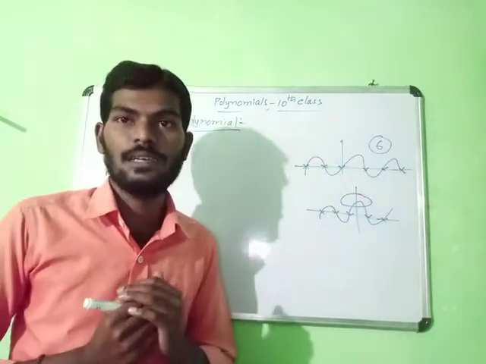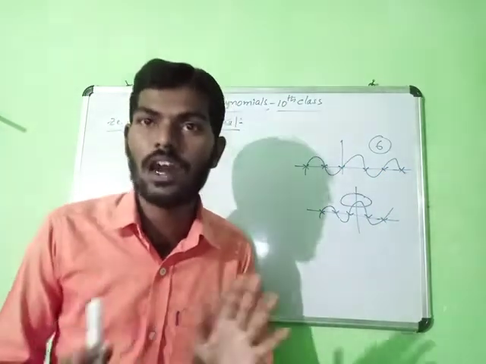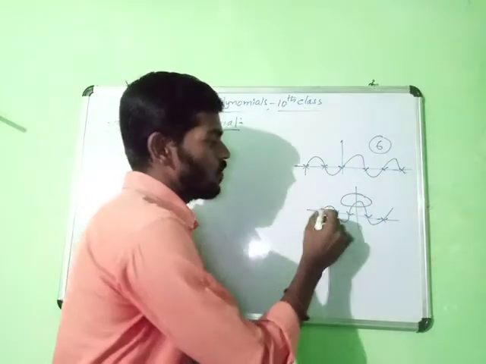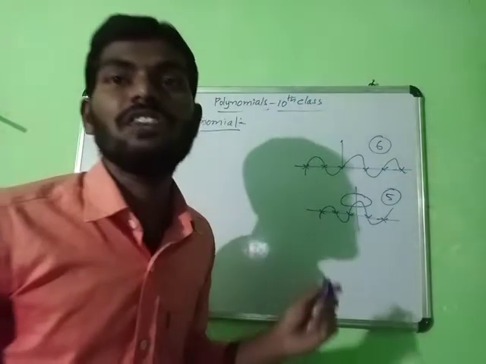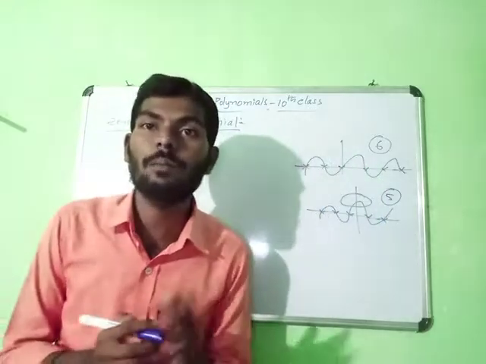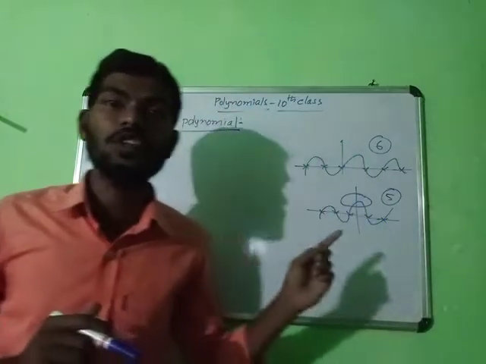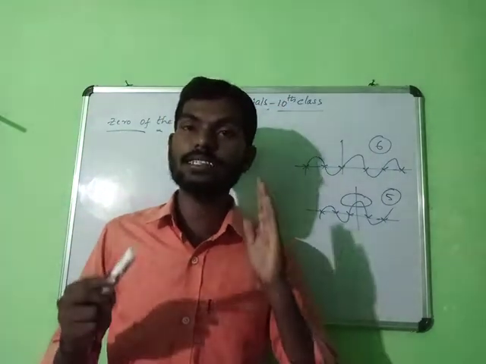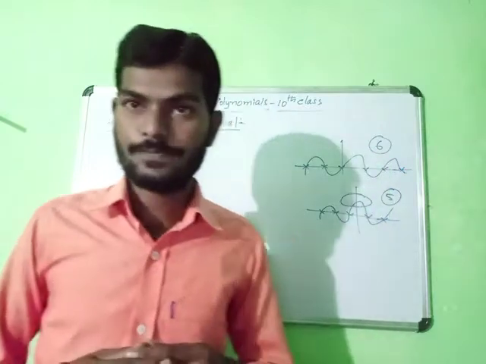The curve which touches or intersects the x-axis is called a zero of the polynomial. This is the other definition in the graph method.